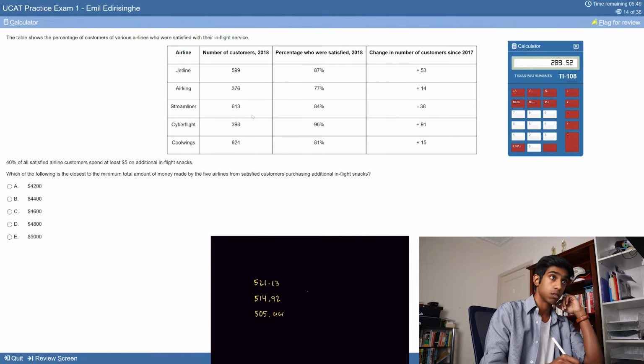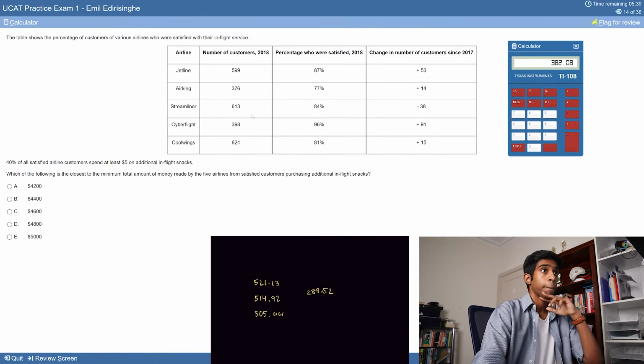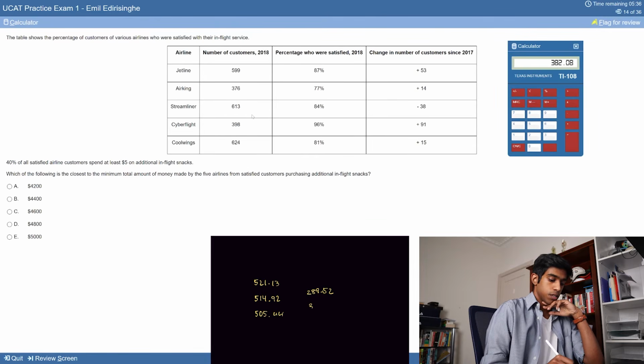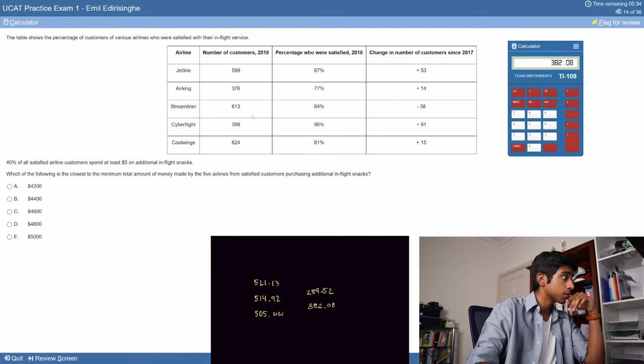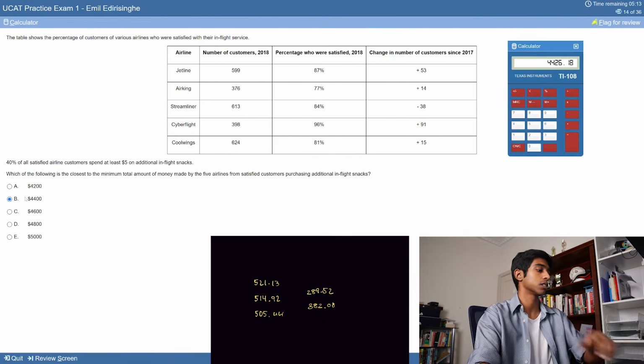So what, this was 289.52 and 398 times 0.96, 382. Okay, so we just add all of these numbers together, plus 289.52 plus 505.44 plus 514.92 plus 521.13 equals that times by 0.4 equals that times by 5. It's 4,400.